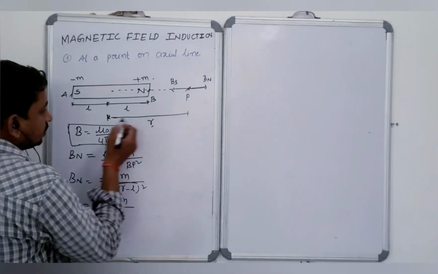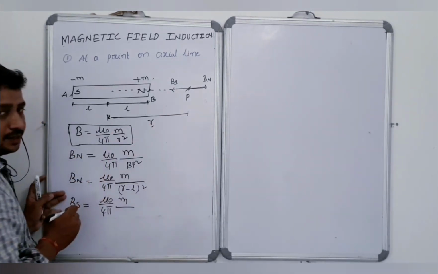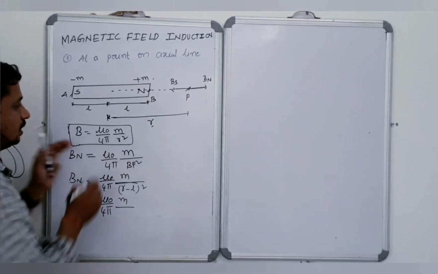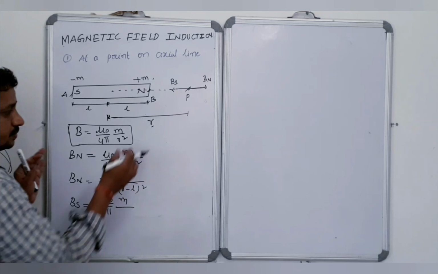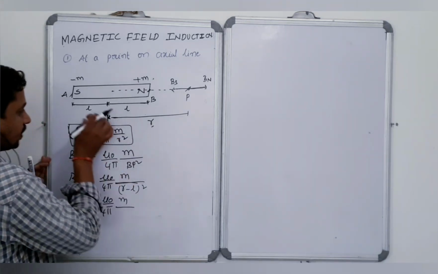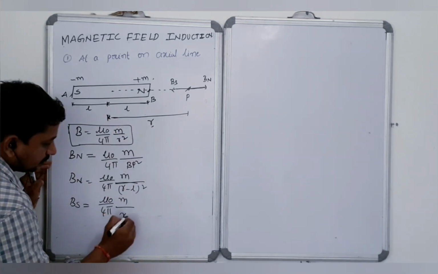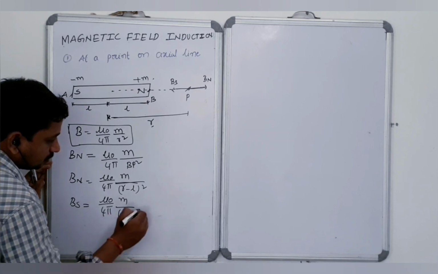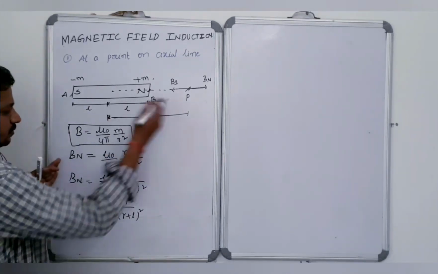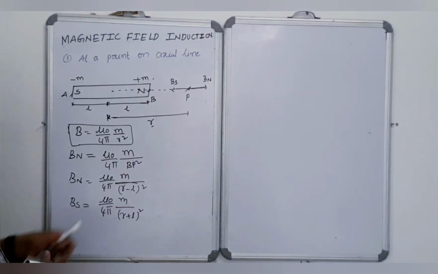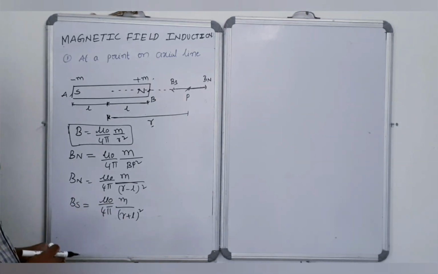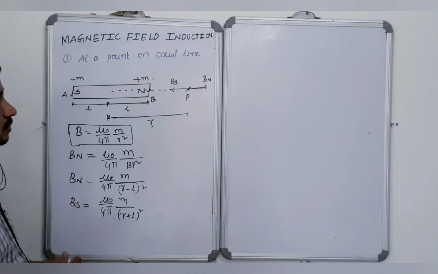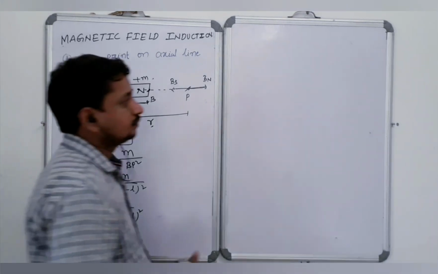From the center to point P the distance is r, and from here to here the distance is L. So the total distance becomes r plus L, so that will be r plus L whole square. This is the distance AP square. This is the magnetic field induction due to the south pole.